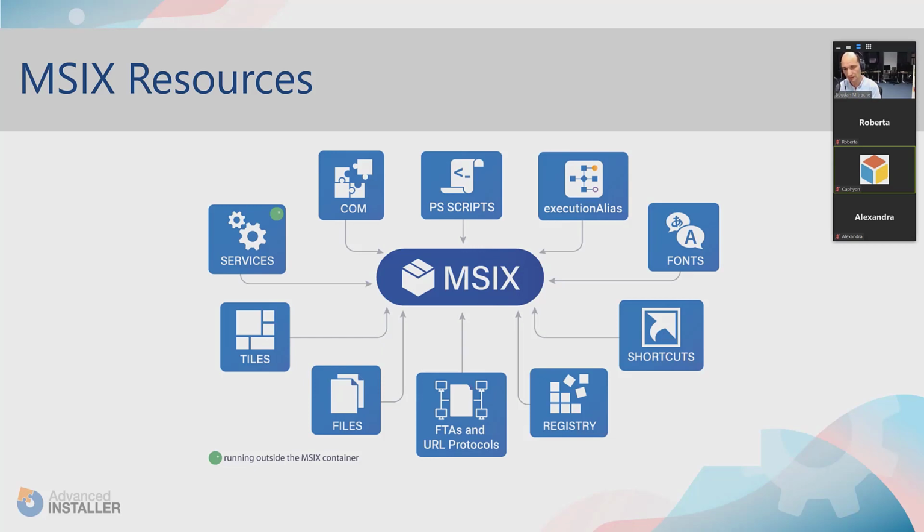In the package manifest, which is actually an XML file, you will define the properties of all of these resources. You'll define the IDs of your COM objects, the name of your execution alias or of your service, rules for accessing your registry inside or outside of the MSIX container, and so on.